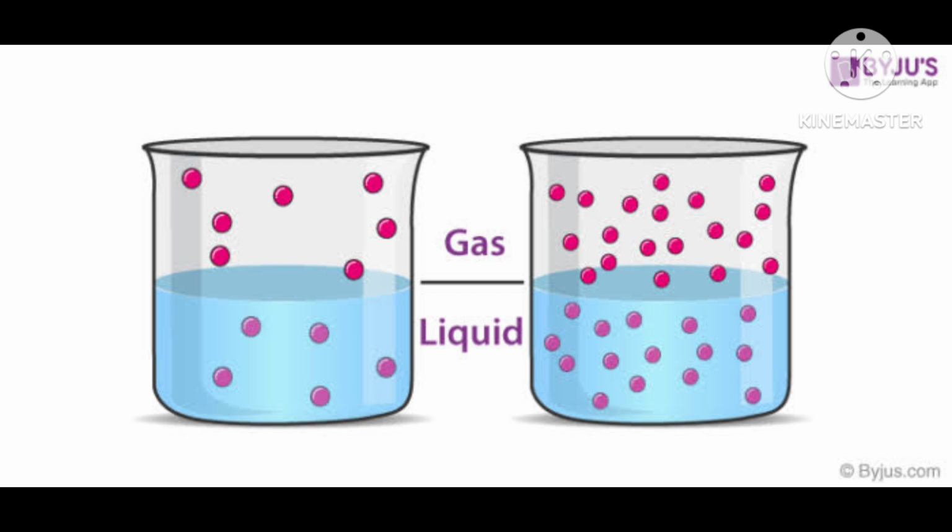After that, the solute will be equally distributed, and now it becomes a solution, because you have added sugar or salt. It is now uniformly distributed. Then these salt or sugar particles will also come near the surface of the water.